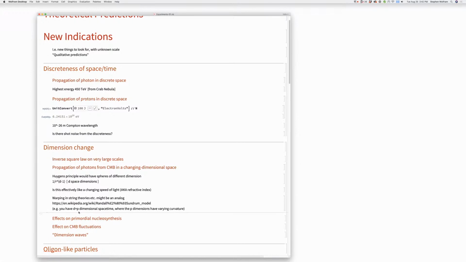This way of thinking about it says when the curvature of the p dimensions is very large, then effectively you've just got d-dimensional space, right? But as the p dimensions flatten out, then you can have excitations that go from the d-dimensional fairly flat space into some of those additional p dimensions.